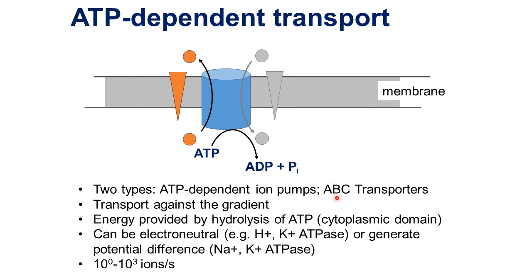And the second group are the ABC transporters. Both types of transport proteins facilitate transport against the gradient across the membrane, and they use ATP to provide the energy required. In both cases ATP is hydrolyzed in order to facilitate transport against the gradient.